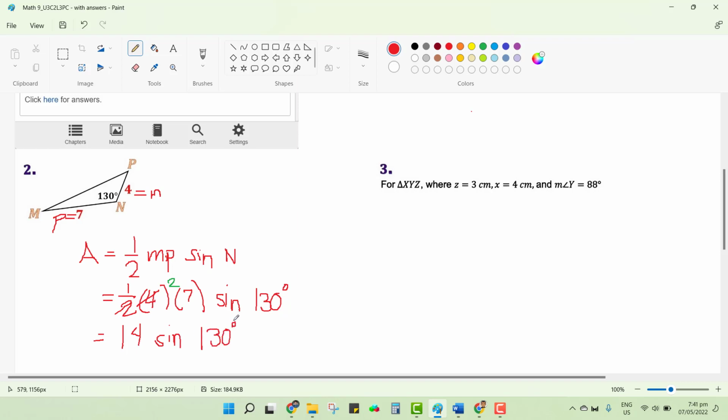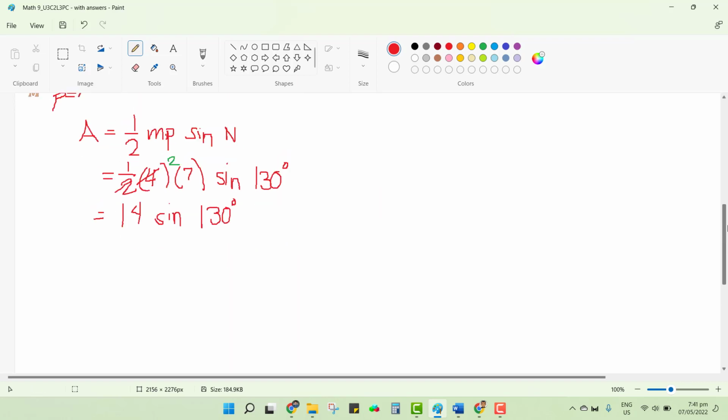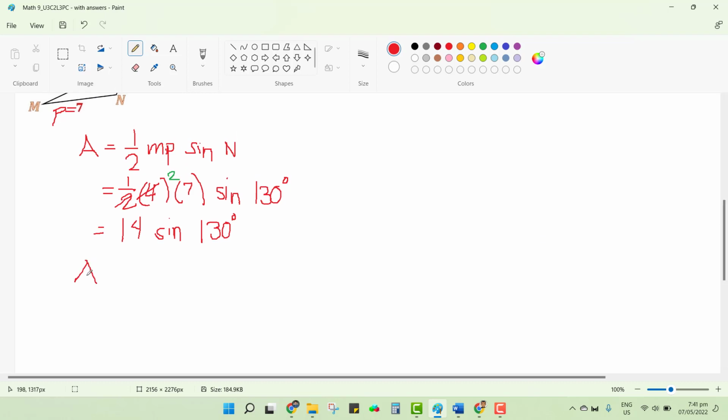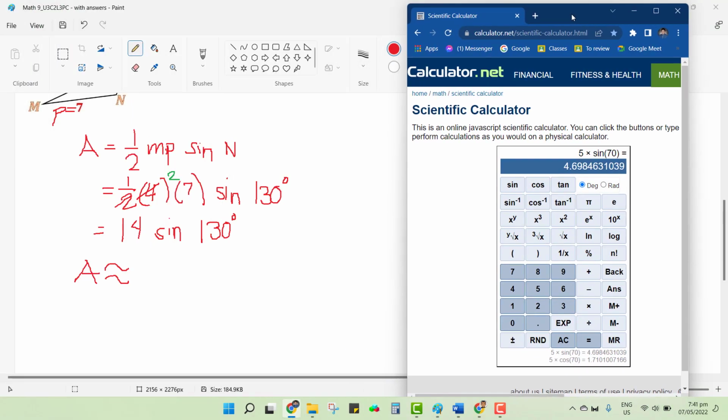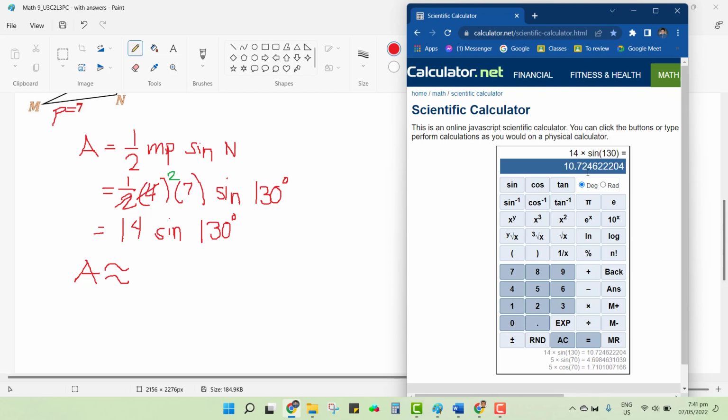So to get the approximated value of your area, use the same calculator I shared, or if you have your calculators as well there. So let me have this one, AC to remove all. You have 14 sine 130 degrees equals, and you will have this result rounded off into two decimal places.